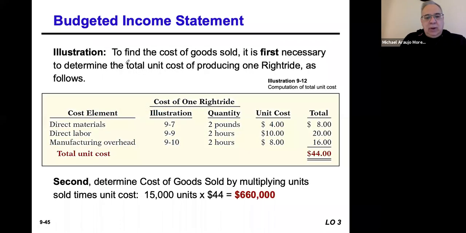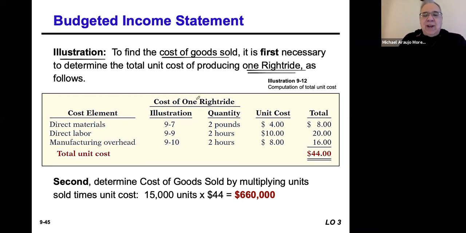So one thing that's interesting though is, of course, you have to calculate your cost of goods sold, which isn't given to you automatically. This is something that we have to find out. And that basically is the costs of direct materials, direct labor, and manufacturing overhead per unit of this Rightie product that we're having.